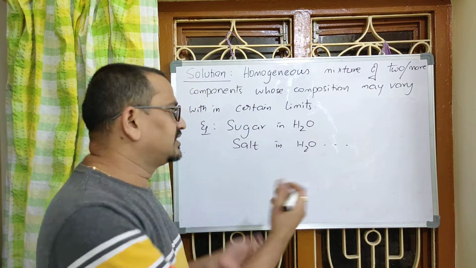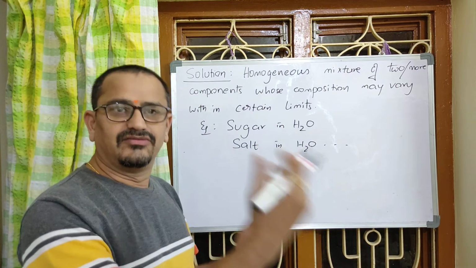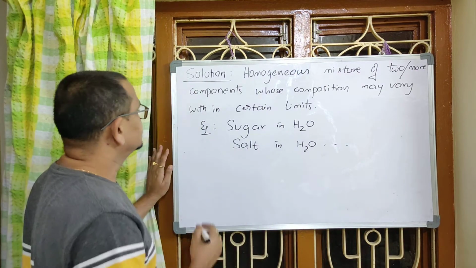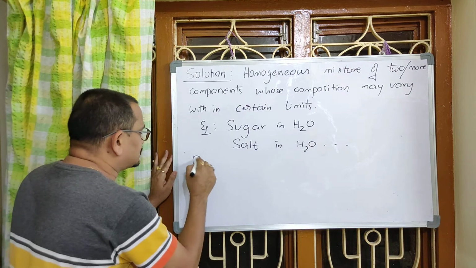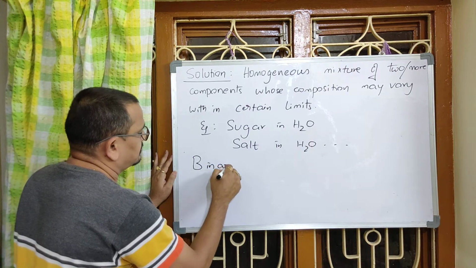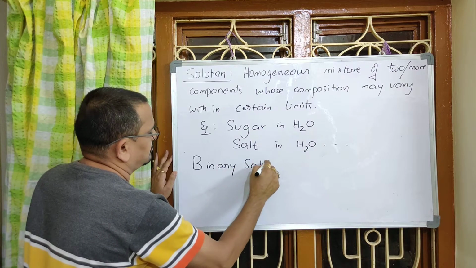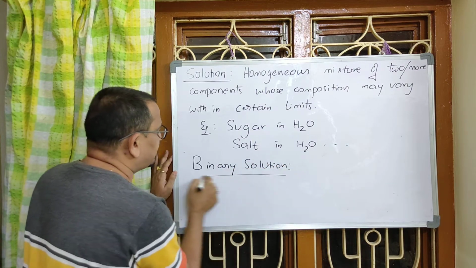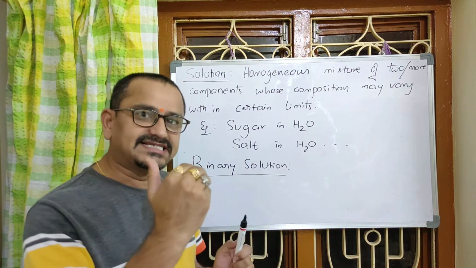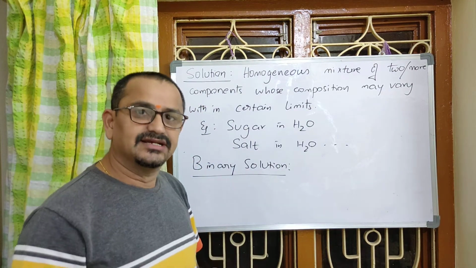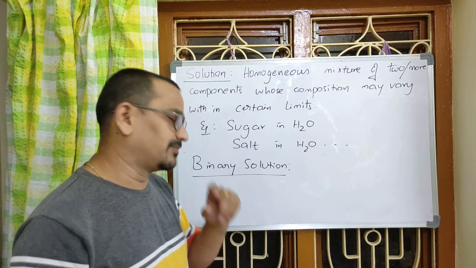Now, of course, we are going to study about this classification in one more lesson also. Now, our next term to be studied is binary solution. What's meant by a binary solution? The term bi stands for what? Two components, right?